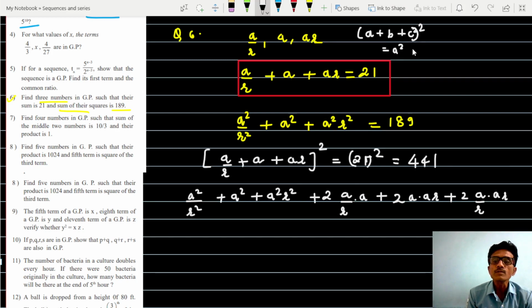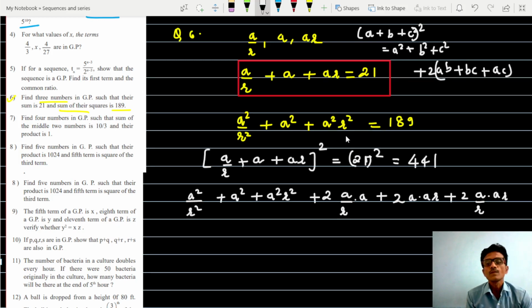A square plus B square plus C square plus 2AB plus 2BC plus 2AC. So we are doing the same.